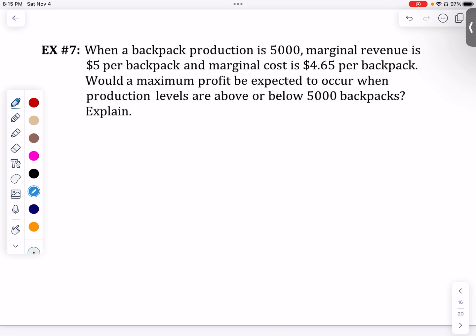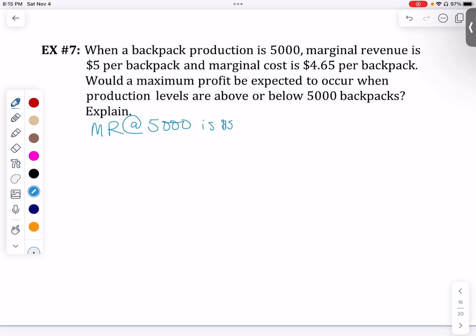So when we look at 5,000, we can see that our marginal revenue at 5,000 is $5. That's my slope, right? It's $5 per backpack. So if I take the derivative, I get 5.